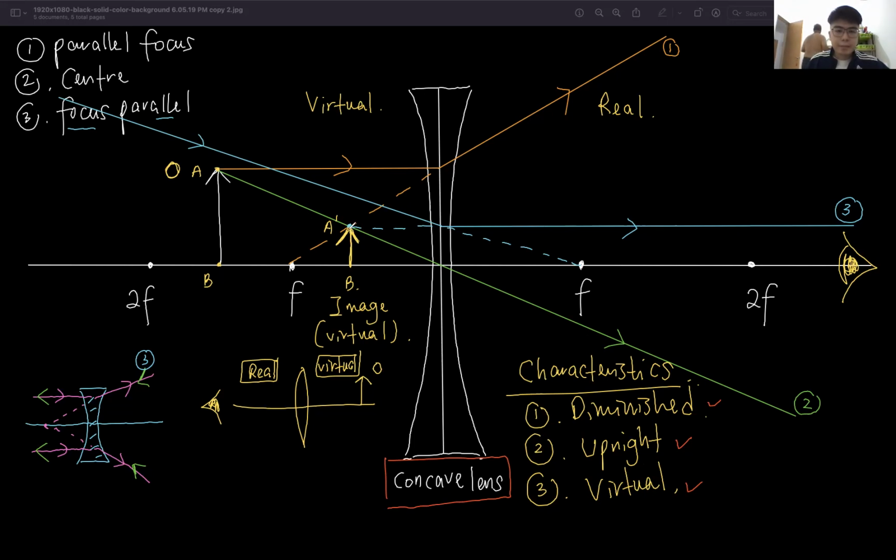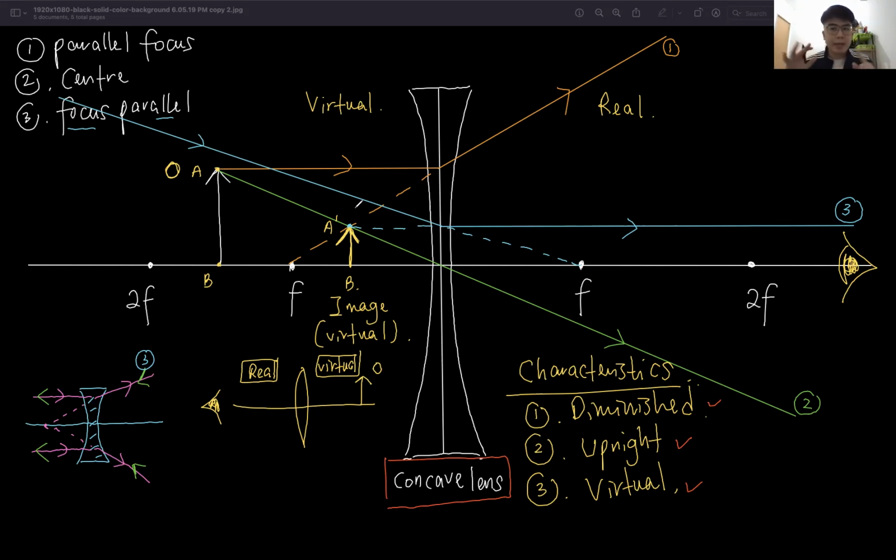So here, remember the ray diagram. How do I draw the 3 rules? How does it apply for a concave and a convex lens? There is a subtle difference between them, a small difference. Okay, now I'll give you a little bit of time to draw the image.